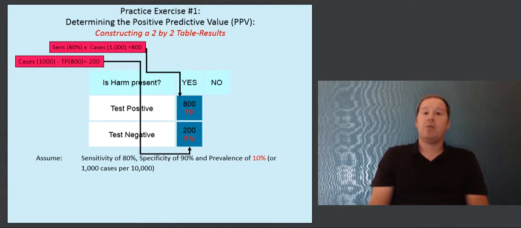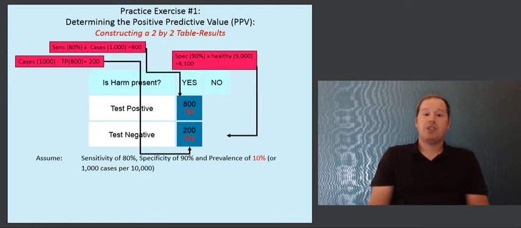Let's now turn to the other side of the table, where we're asking about people who don't have the harm, who are negative for the condition. Of those people, how many are going to truly test negative when in fact they don't have the disease, the harm, the risk factor? Here we multiply the specificity instead of the sensitivity, 90%, times a healthy population of 9,000.